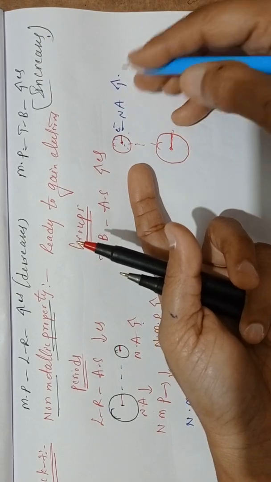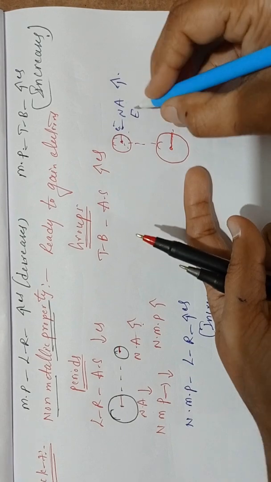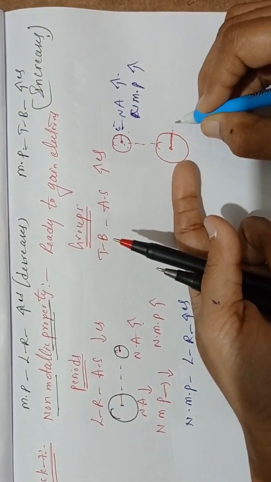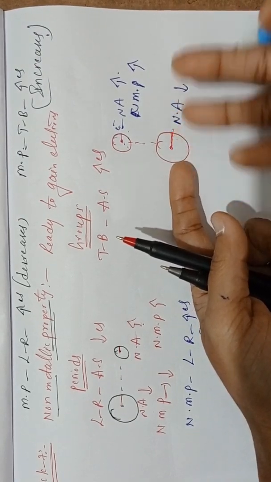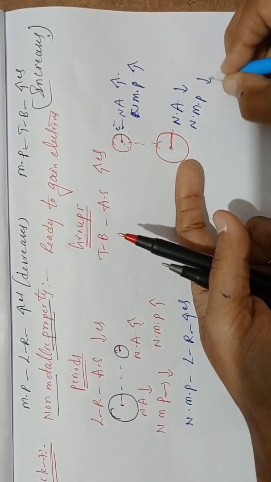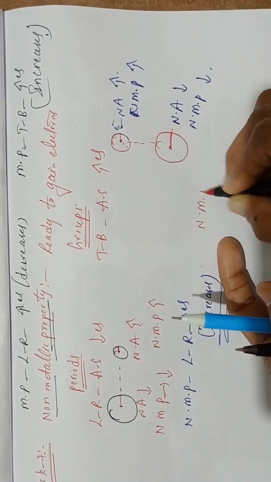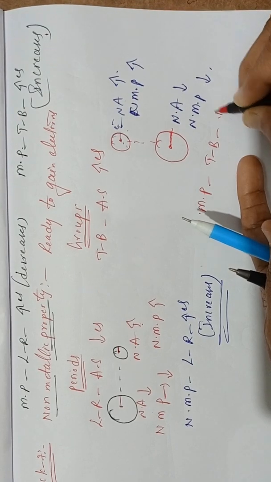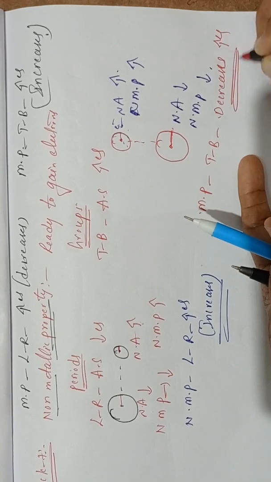That's why non-metallic property more. Now in this case nuclear attractions are less, is it ready to gain the electron? No, so non-metallic property less. So top to bottom, non-metallic property decreases. Clear this one? Understood, students?